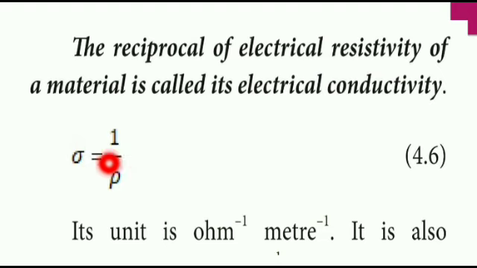So sigma is equal to 1 by rho, where rho is resistivity and sigma is conductivity. Therefore the unit is ohm inverse meter inverse.